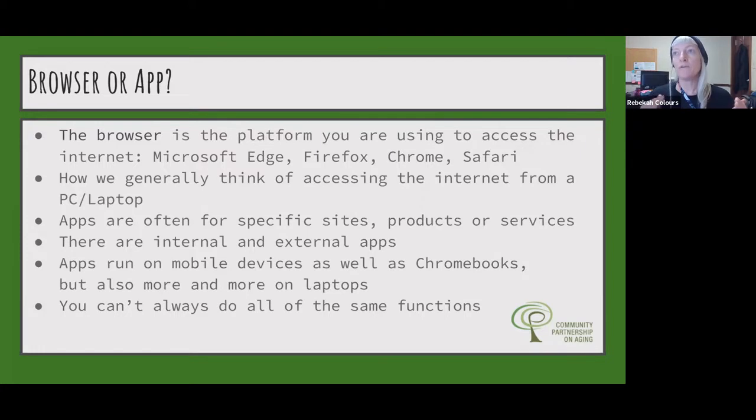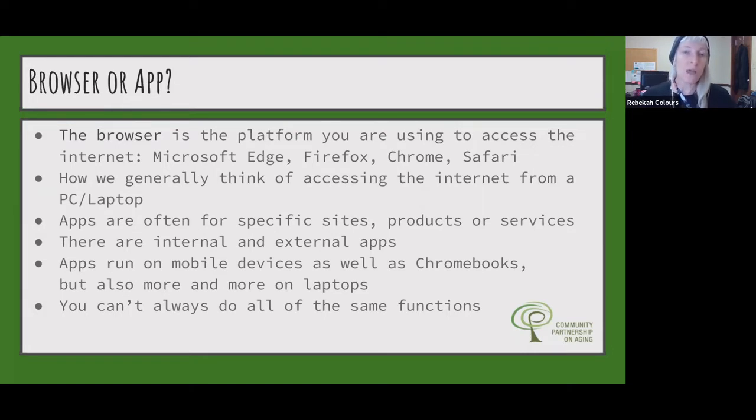So I don't have to go on to www.whatever the website is, right, to access a different site. On my phone or my tablet, you just have an app specific to a website or some other service that you're trying to utilize.